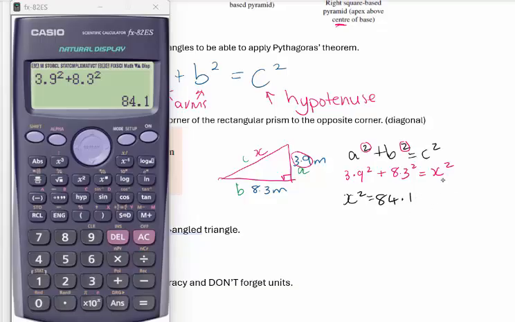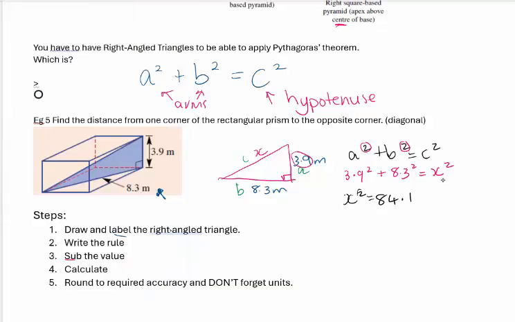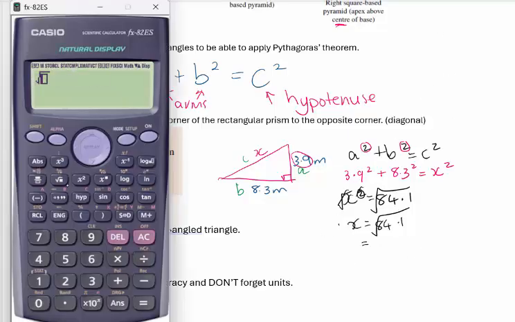To get rid of this squared, you must square root both sides. So that gets rid of that. Basically it becomes that. Put that in your calculator. You have to press answer, not equals. That's the exact form. Press the button and it's 9.1706.